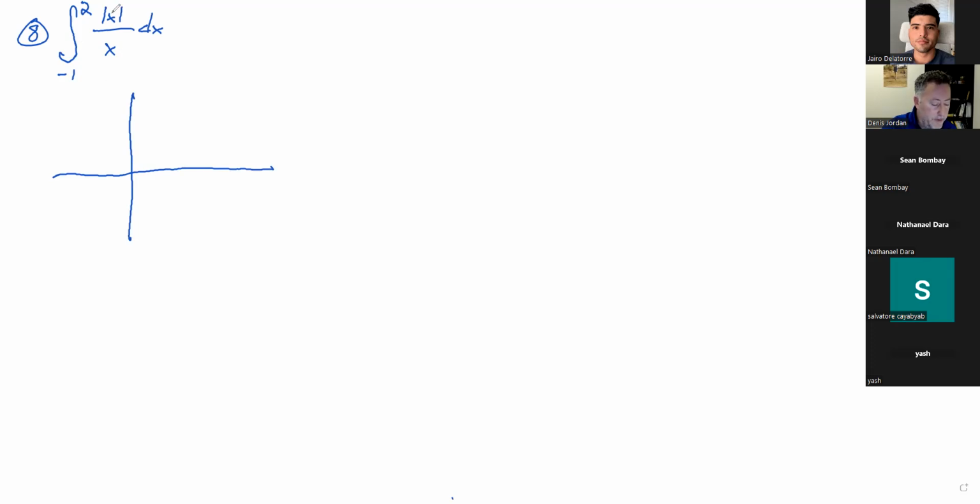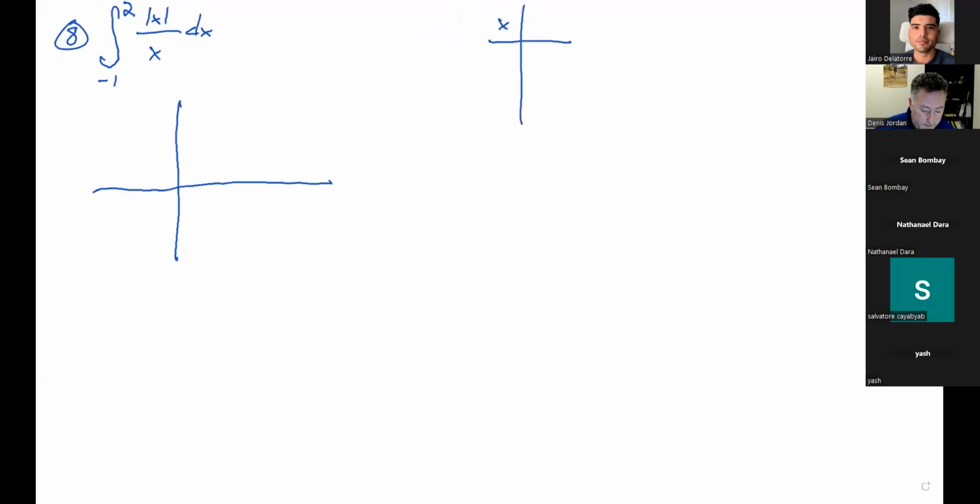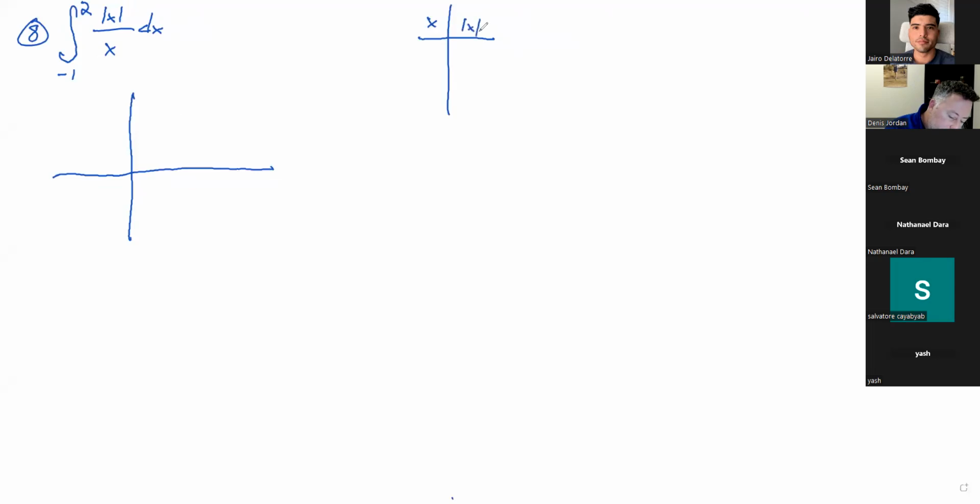If you don't know what the graph is, you can just start making a table of values. You can't plug in 0, that makes it undefined. But if x is 1, if you plug that into the function, what do you get as an answer?